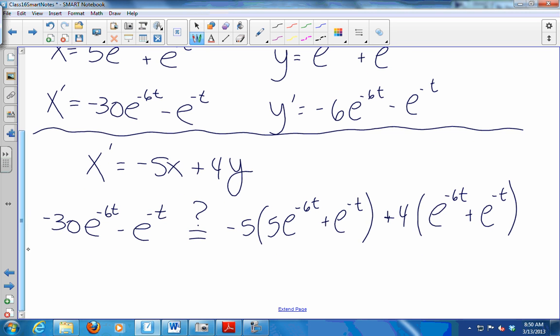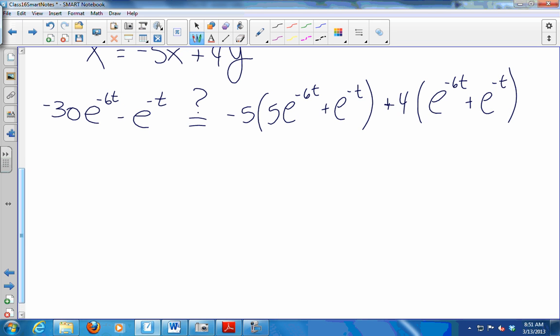So when I simplify the right-hand side of this equation, I want to see if it equals the left-hand side. If it does, then I can move on to check my other differential equation. Right? Not necessarily a solution yet, but let's see if it's equal.